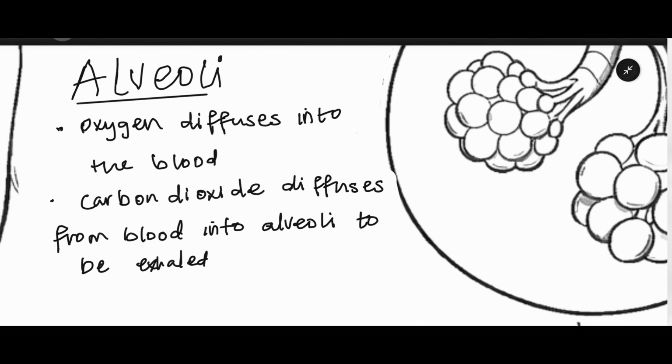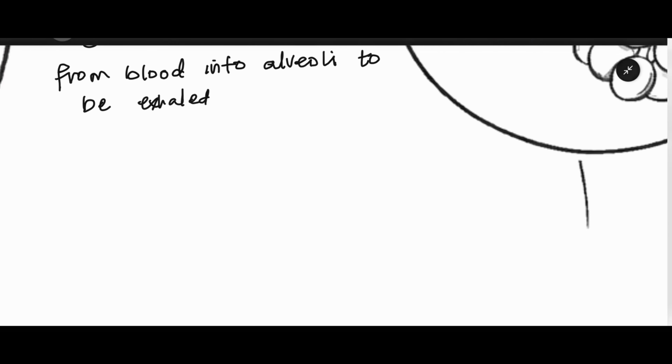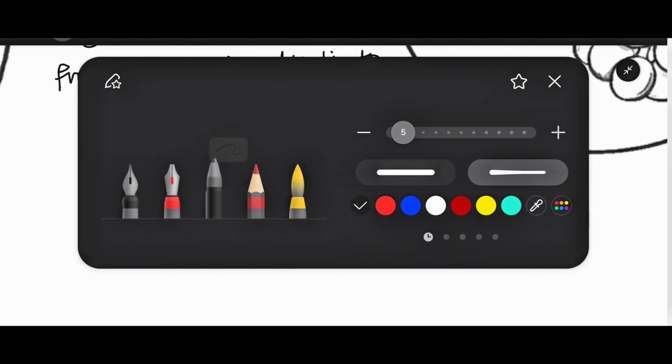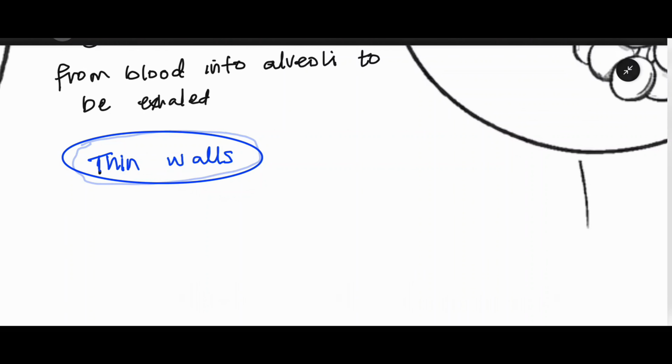And the alveoli has really interesting characteristics that allow these things to happen. So the alveoli has thin walls to allow for effective diffusion. It also has a big surface area, which creates a lot of space for a greater capacity of diffusion and gaseous exchange.